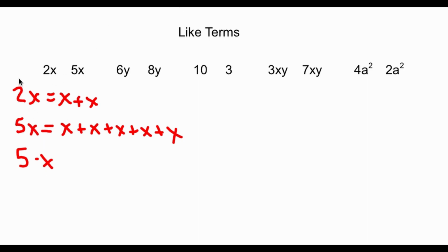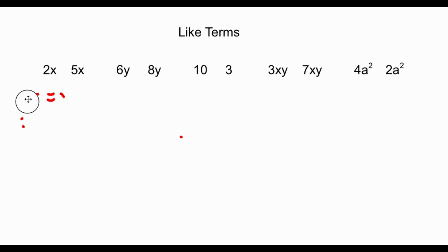Okay, because of this, we can actually combine the 2x with the 5x even without knowing the value for x. Here's how that works. So I can split the 2x into x plus x, and let's say we're adding these two together now.